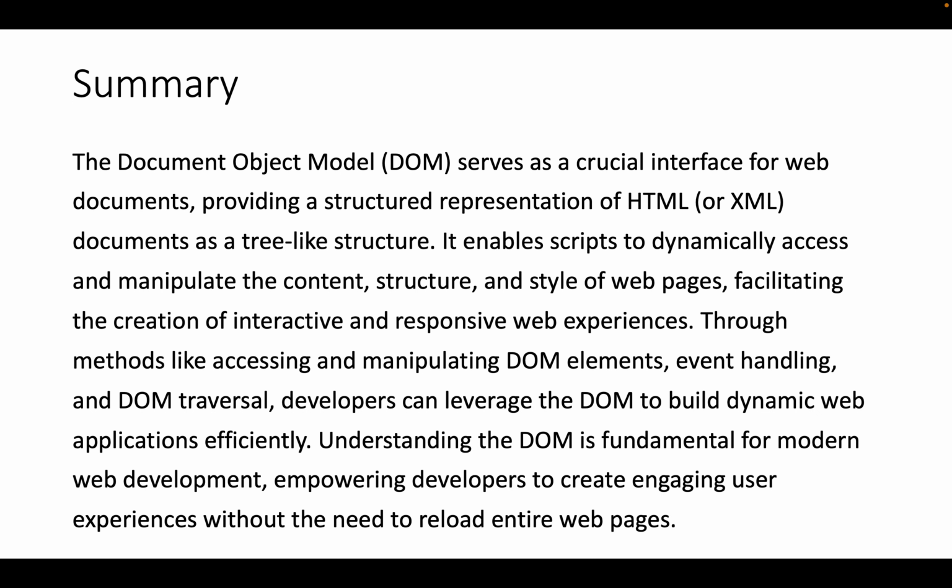And it enables us to use languages like JavaScript to dynamically manipulate the content, structure, and styles of these web pages, facilitating a responsive and interactive design experience for our users.